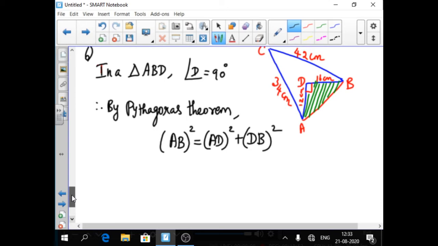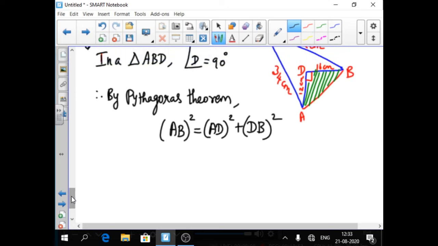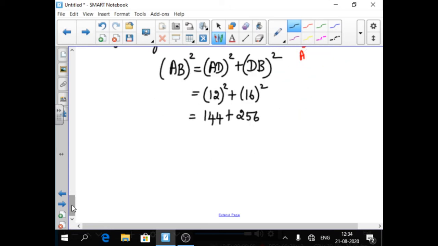So what is AD value? AD value is 12, so 12 square plus DB value is 16, so 16 square. We know that 12 square is 144 and 16 square is 256. If you add, you will get 400. 144 plus 256 is equal to 400. This is the value of AB square.